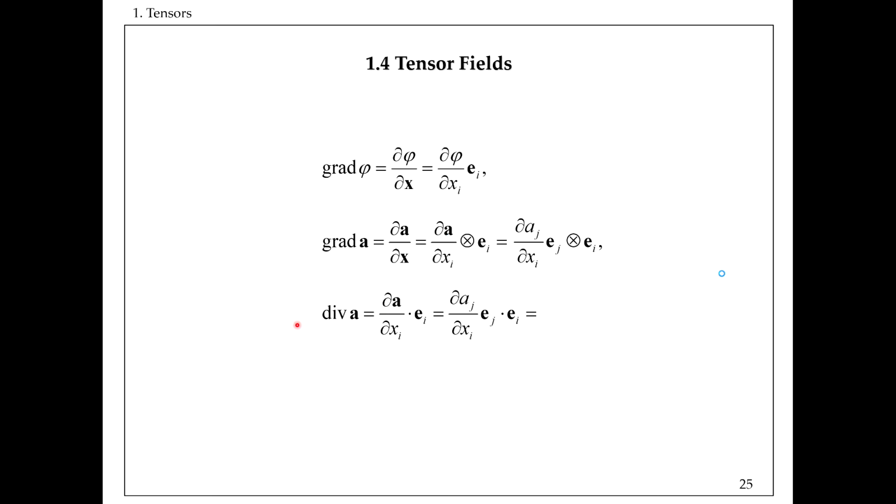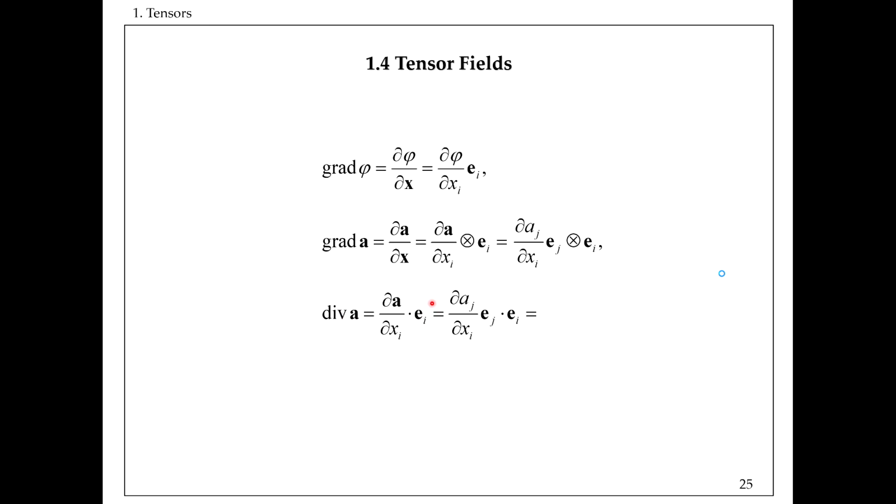The divergence operator of a vector will be essentially a similar operator but with a dot product, meaning that if we apply divergence on a vector, we reduce the result to a scalar. It was a first order tensor, a vector, we applied the divergence differential operation, and the result will be a scalar.